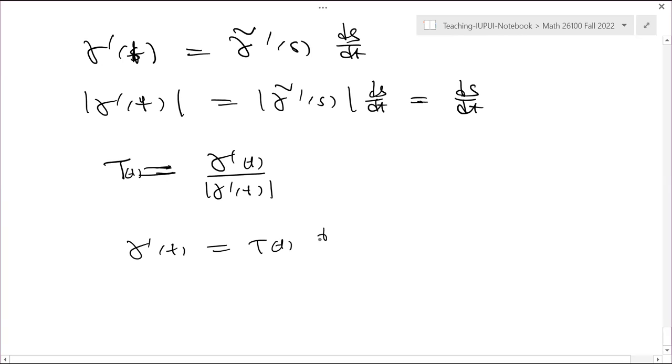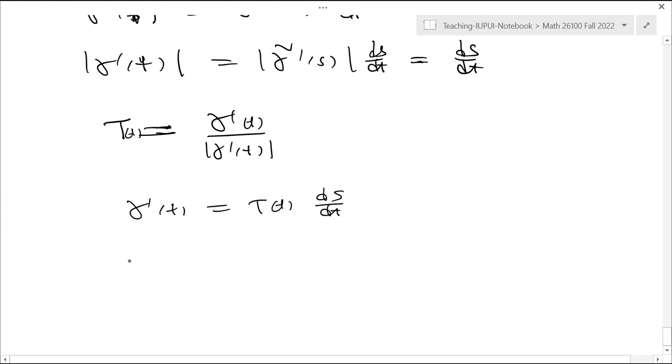You can write it in this form, because ds dt is the length of gamma prime. So I'm going to differentiate twice. This will be a product rule.